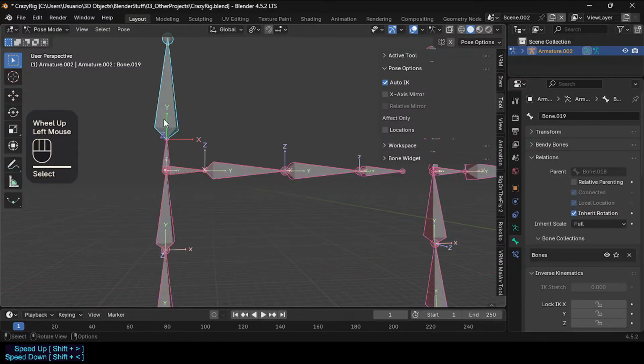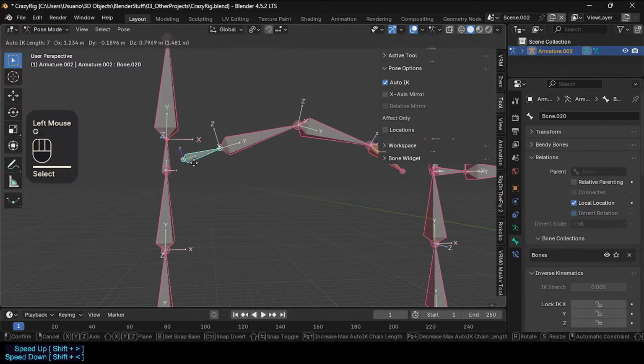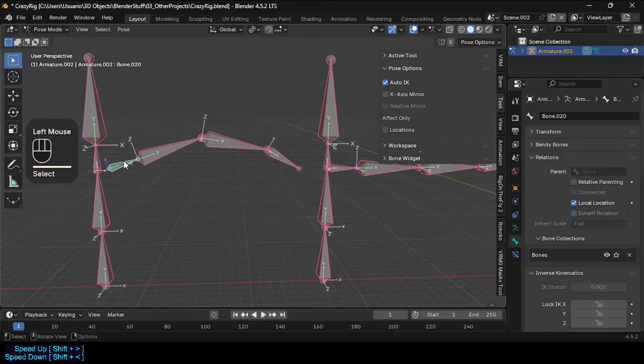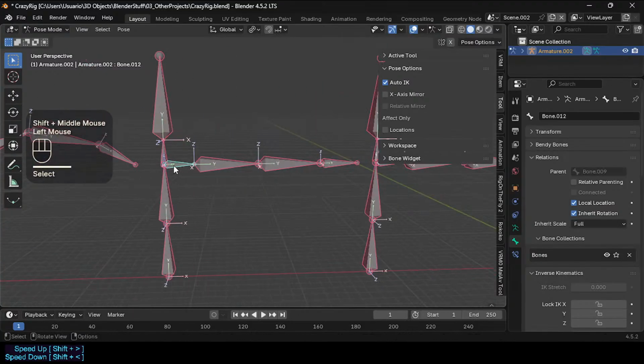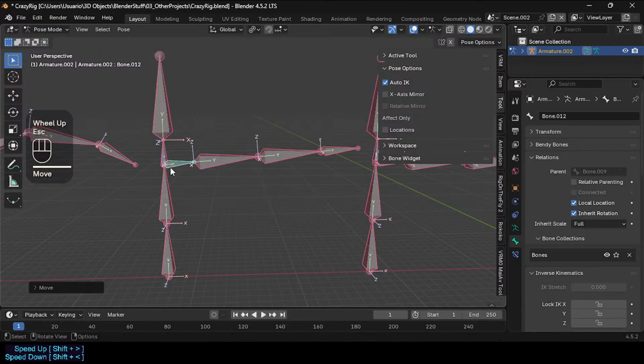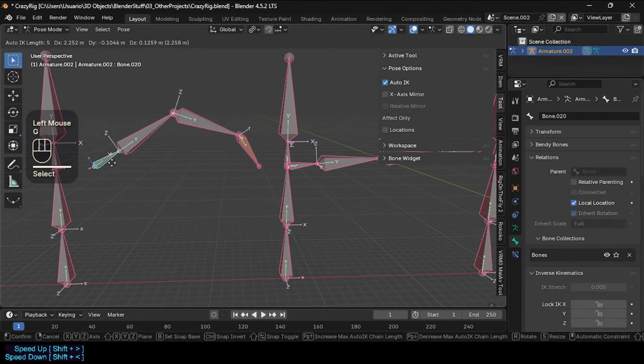I found a solution, but ideally, we would like to have the pinning feature with the parented offset. So I would like the parenting offset bone to behave just as this one.